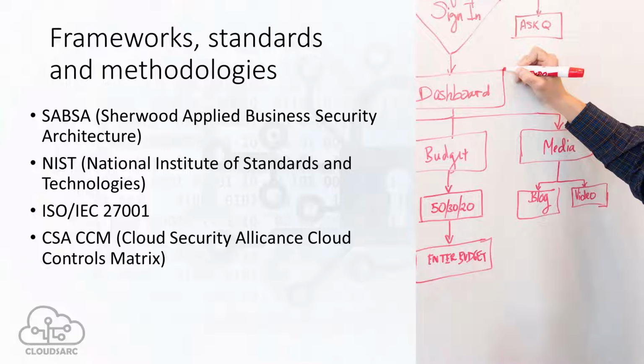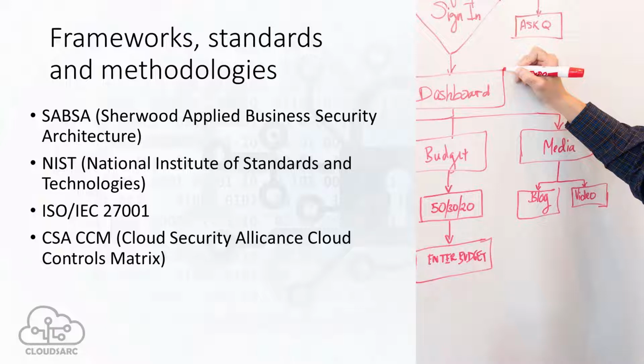ISO 27001 is a widely known cybersecurity standard providing requirements for an information security management system. There are more than a dozen standards in the ISO 27000 family. Using them enables organizations of any kind to manage the security of assets such as financial information, intellectual property, employee details, or health information.